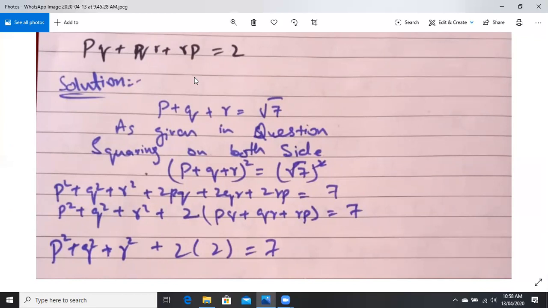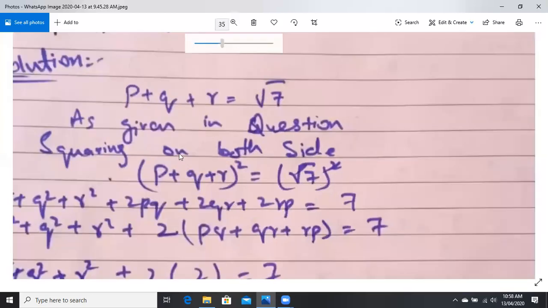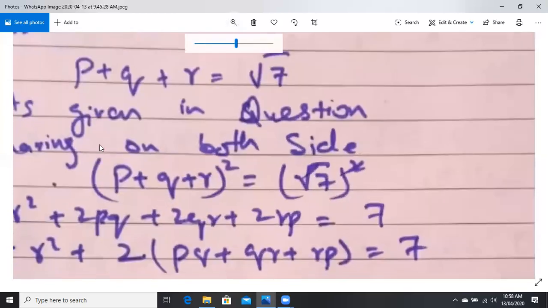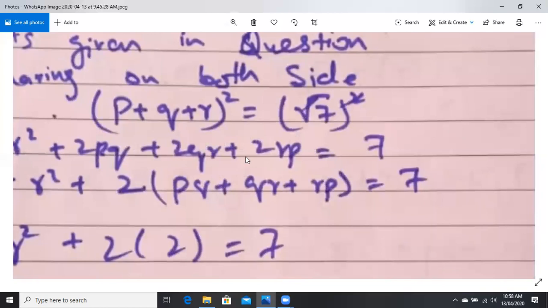So now p square plus q square plus r square, and in this we have 2pq plus 2qr plus 2rp. So we will take 2 common here because 2 is common in all three terms.